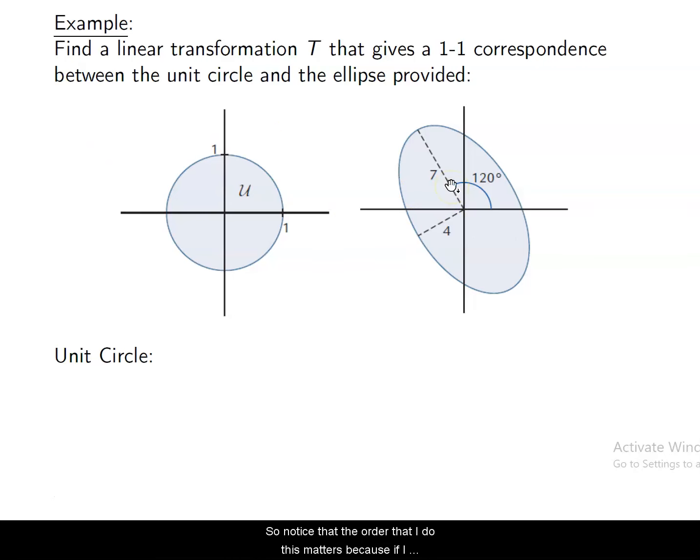Notice that the order I do this matters, because if I were to rotate this 120 degrees first and then stretch it out in X by 7 and in Y by 4, I would not have the same shape. I would have rotated this to this position, but then I would still have pulled this out long ways, and I would have pulled this up long ways also by 4.